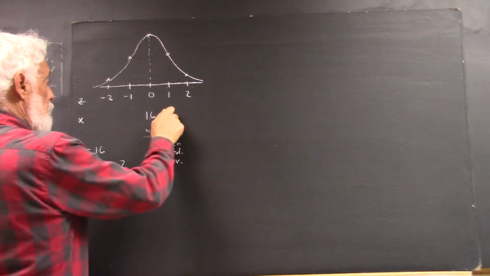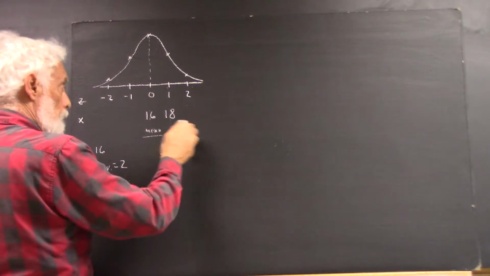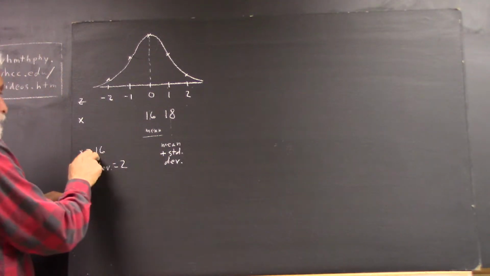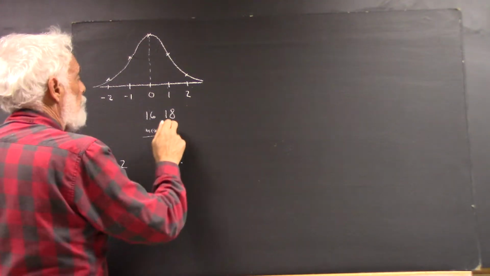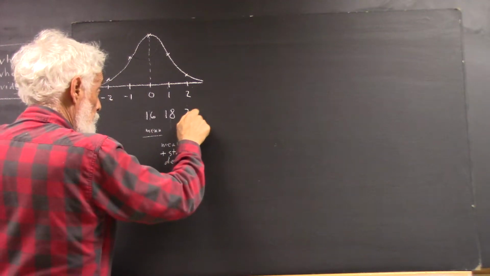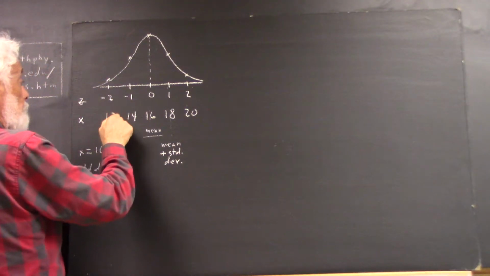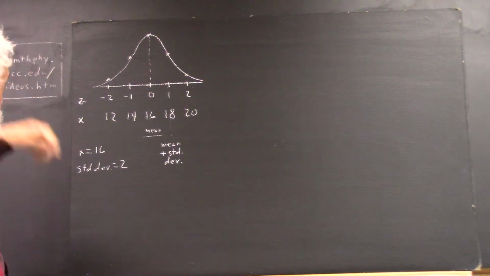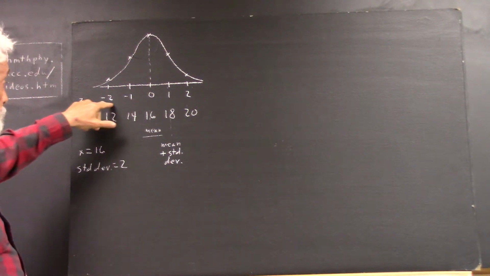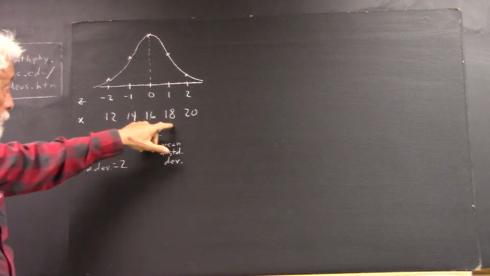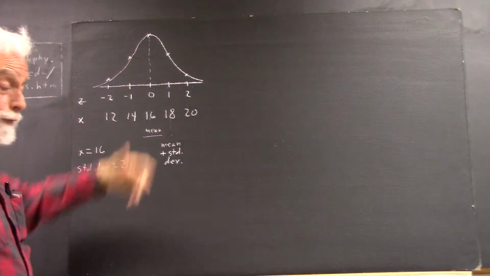Mean plus a standard deviation, that's 18, goes here, because if we add the standard deviation to the mean, that's what we get. We move another standard deviation out here, we're at 20. Going this way, we're going to be at 14, and we're going to be at 12. So, when x equals 12, z is -2. When x is 18, z is 1, and so forth.